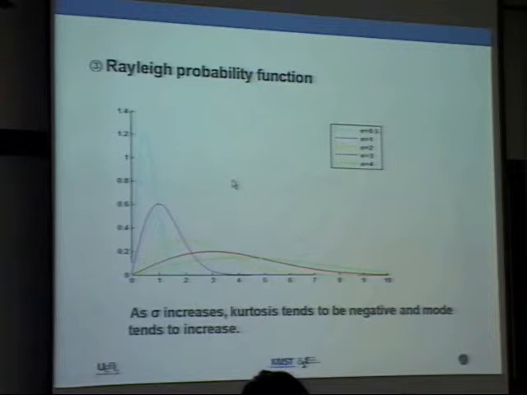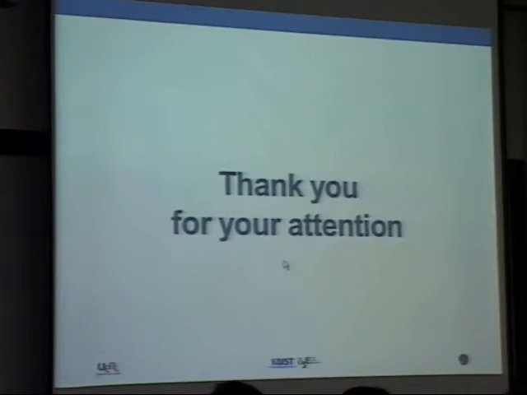Last, in the Rayleigh model, as sigma increases, kurtosis tends to be negative and mode tends to increase, like this. Thank you for your attention. Do you have any question?